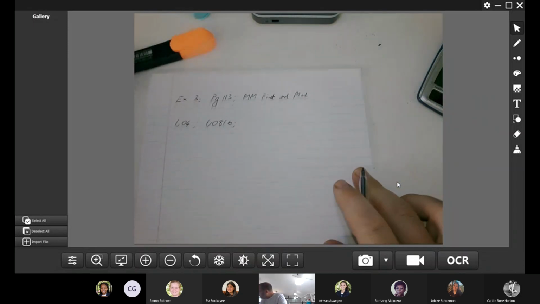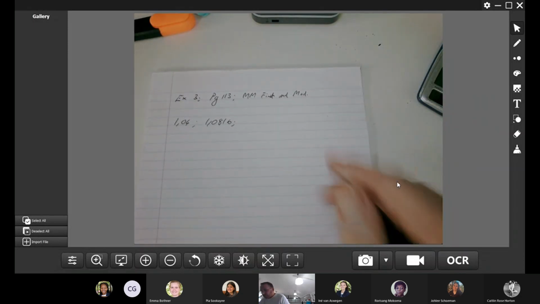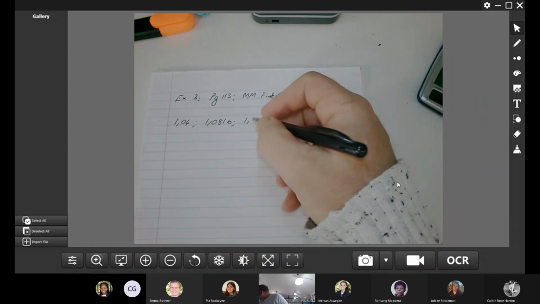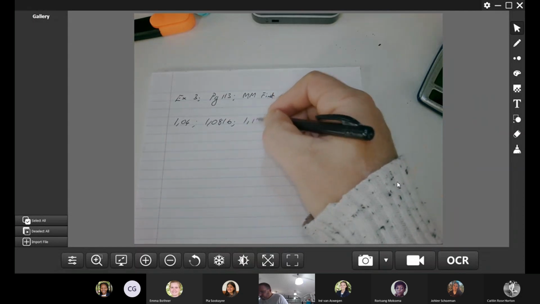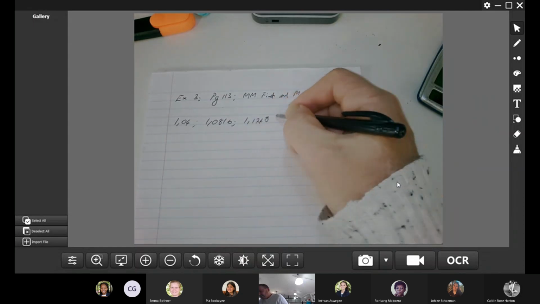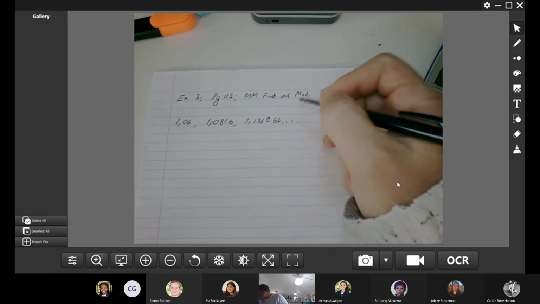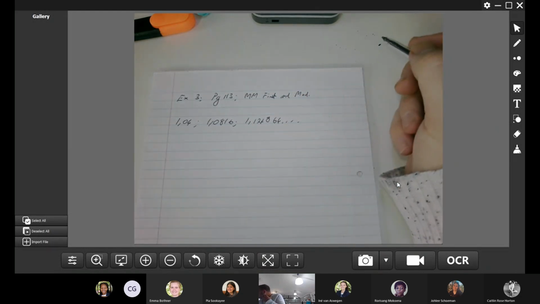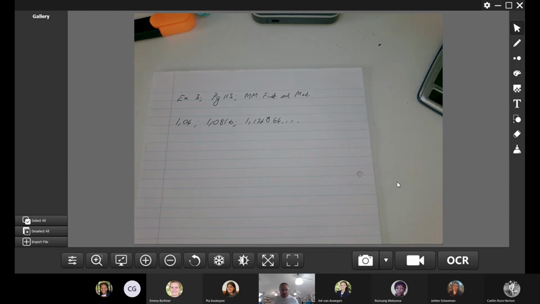Please, somebody also shout when I move it off the page, which is what I sometimes do. 1.124864. And it says find the first order difference equation.